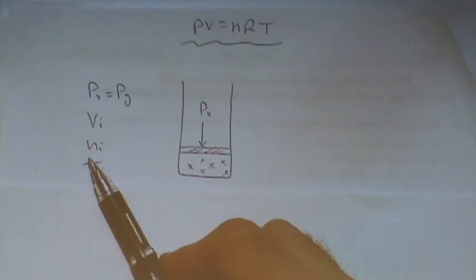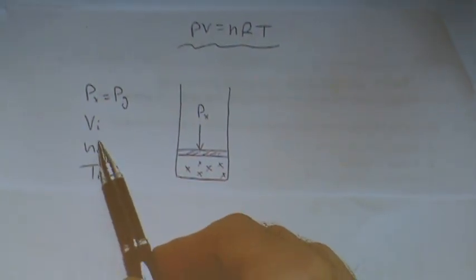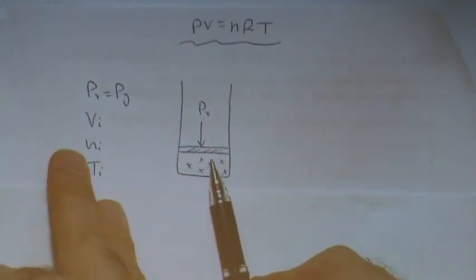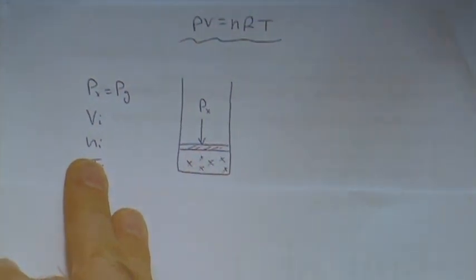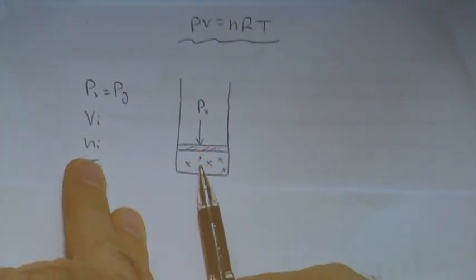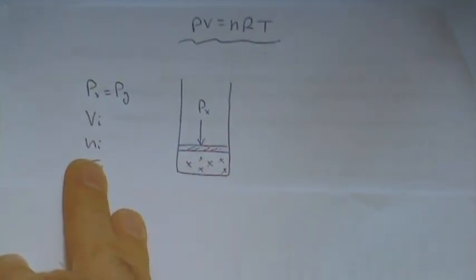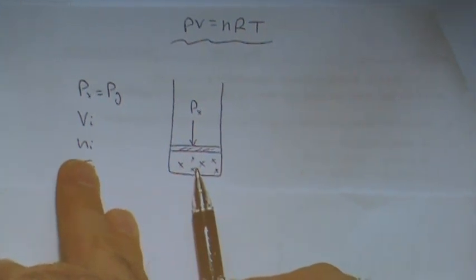So we have a certain number of moles or particles or mass, a certain initial temperature, and these can move freely. If the external pressure, let's say it's Px, then this gas is going to shrink or expand in such a way that its pressure becomes equal to Px.